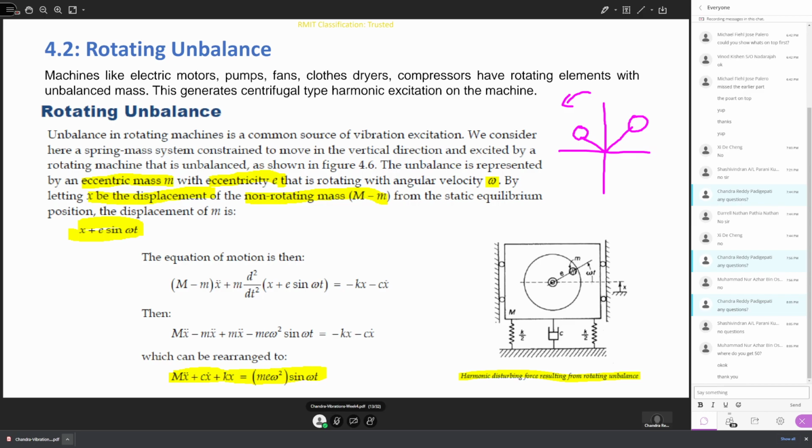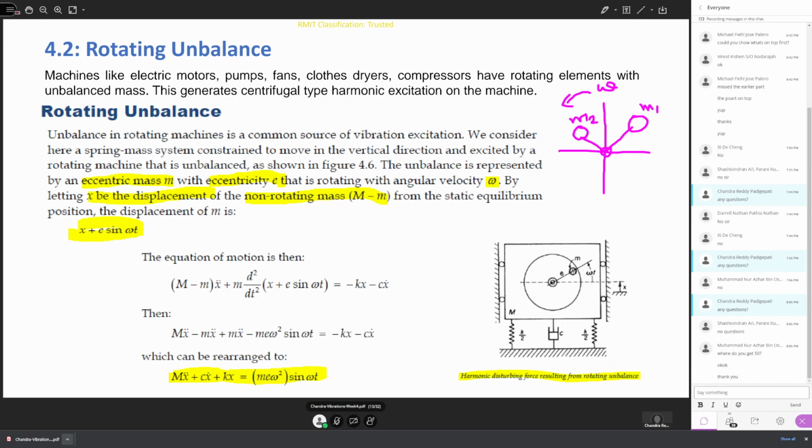You can consider this M1, M2, and the system is in rotation with, let us say, angular speed of omega. If the combined mass of the system or the net force acting on the system is not zero, then there will be unbalance in the system.